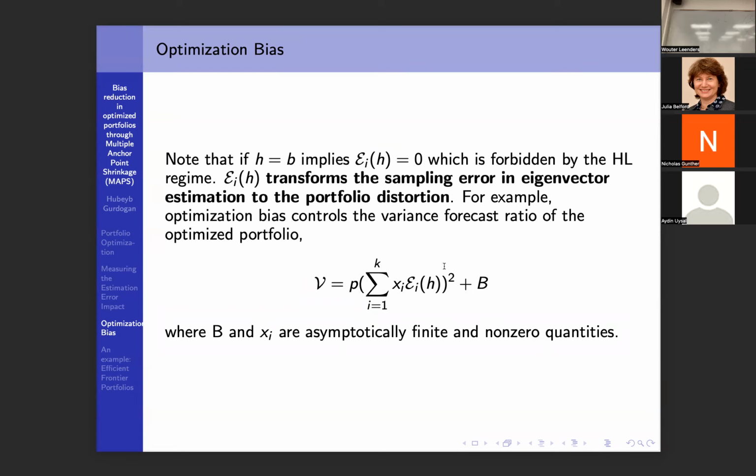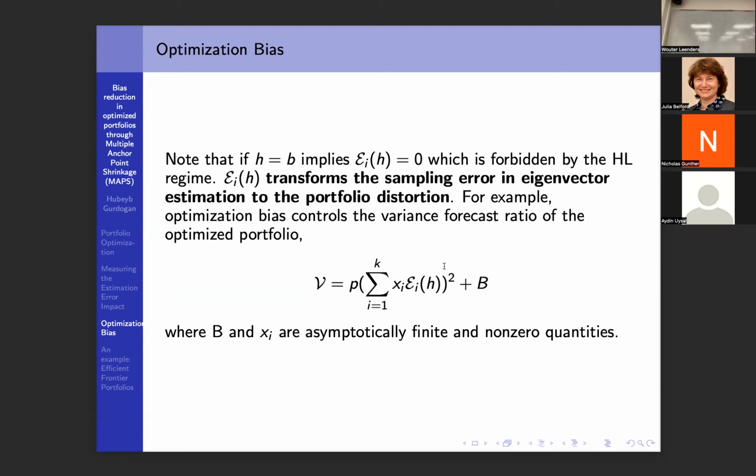The variance forecast ratio can be written as P times the sum of the optimization bias terms squared plus a finite asymptotic quantity, where the xi's are asymptotically finite as well. So this is the equation that governs the variance forecast ratio.